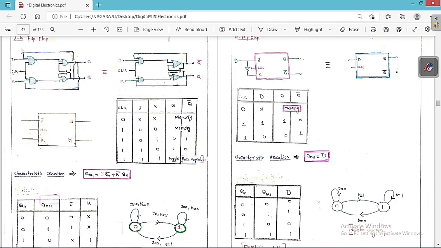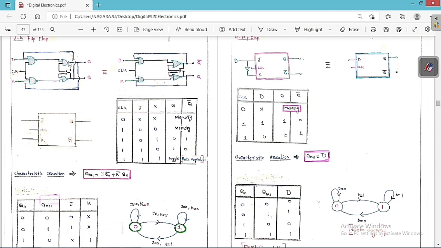Now we are going to learn about the JK flip-flop. I already told you this is a circuit that we have already seen. This is R, this is the clock, and this is the input, and these are the NAND gates. There is a feedback like this, and this is Q and Q bar.